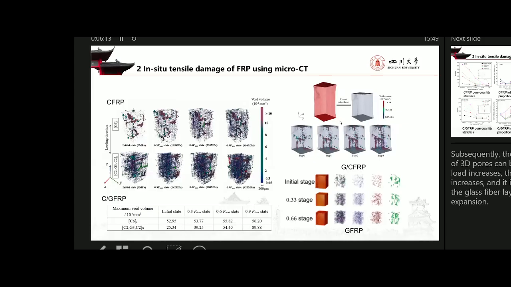During the in situ process, we can see that in the glass layer the pores increase the most, and when the load increases, the fibers' damage and the porosity increase.